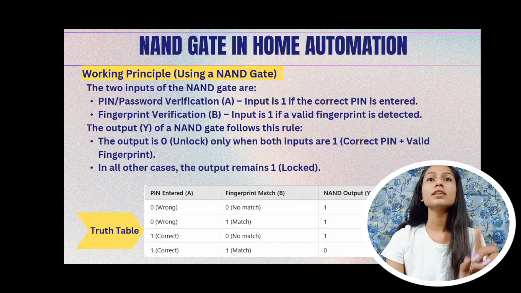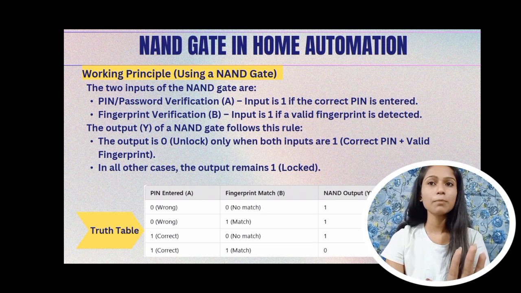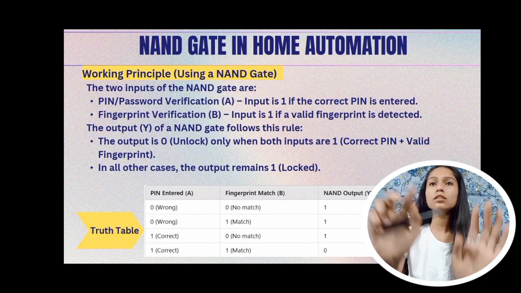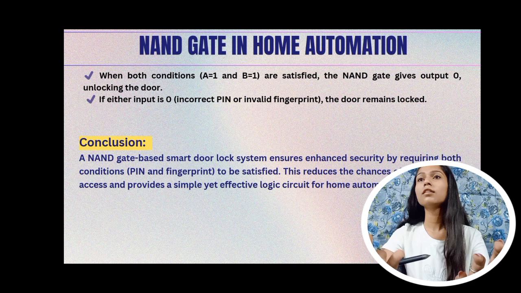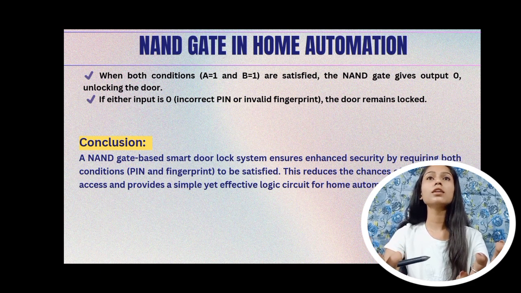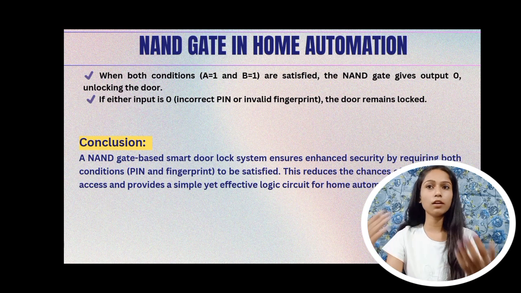The output is 0, meaning unlocked, when both inputs are 1. In all other cases, the output remains 1, which means the door remains locked. This is the truth table. You can see that when both conditions A and B are satisfied, the NAND gate gives output 0, which means the door is unlocked.